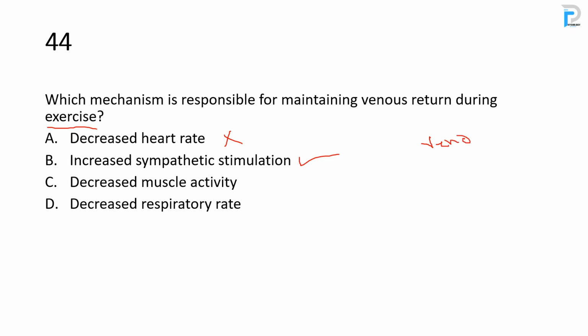So the venoconstriction here, constriction of the veins, will cause an increase in peripheral venous pressure, and that is going to increase venous return. Decreased muscular activity is wrong. It actually increases and also helps in venous return. And this one is also wrong, because our respiratory rate also increases during exercise.